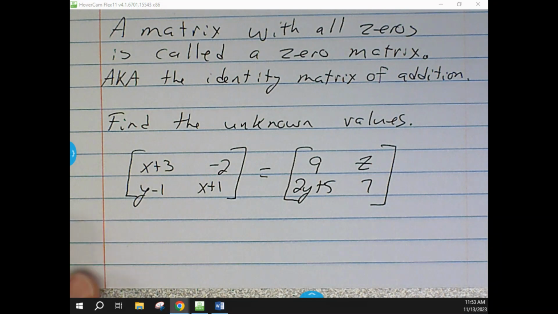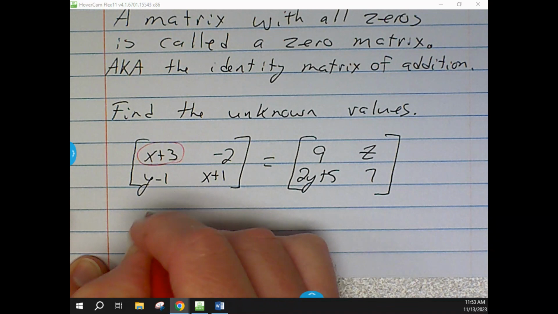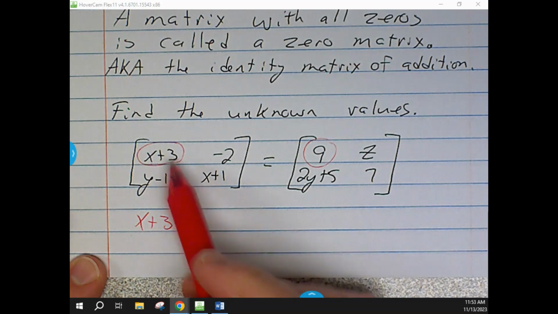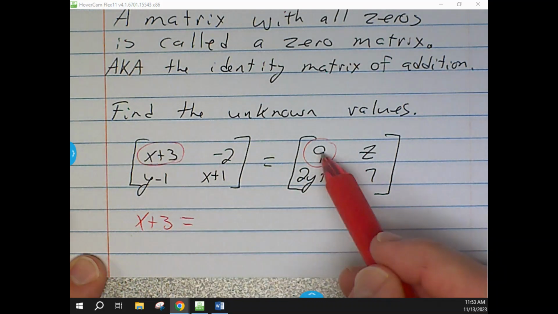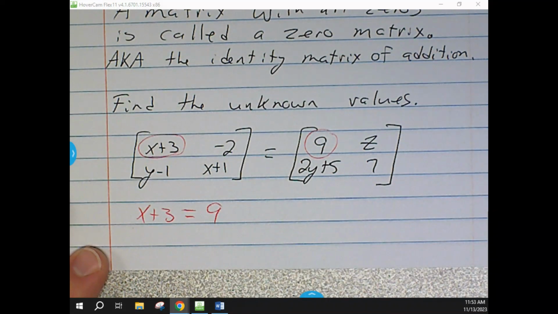For this part of it, though, you're just going to take whatever's in the top left corner that's here and then set that equal to whatever's in this corner here. So again, same location. So take the location in this corner or this matrix, set it equal to the location in this corner. And then once you do that, you just solve whatever equation you've got there.